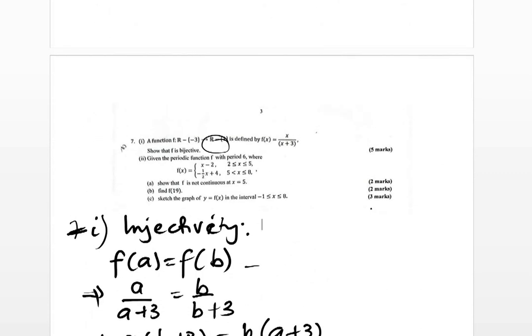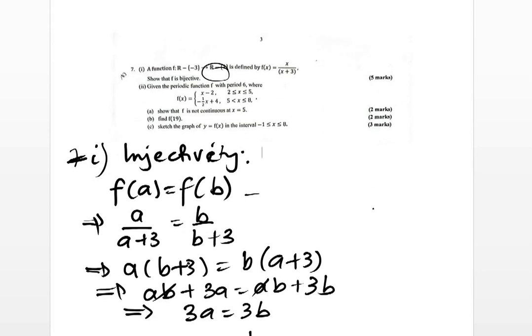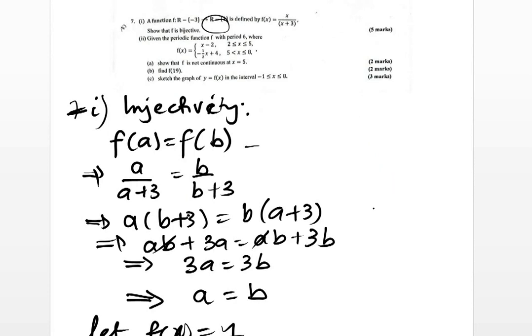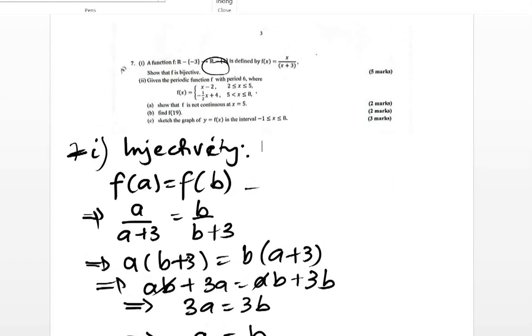Now we have the Roman 2 part. Given the periodic function f with period 6, permit me to go right by this side so that we analyze the function together.